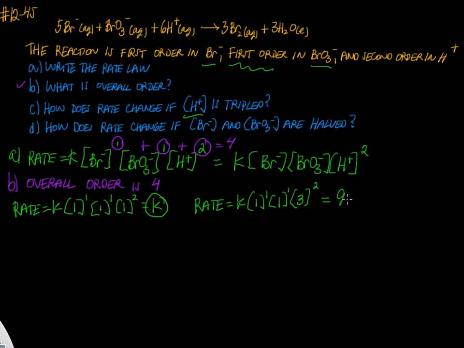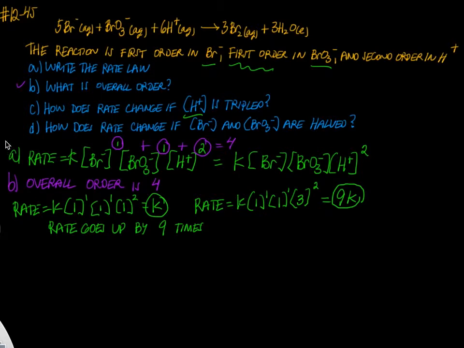So this comes out to 9 times the rate constant, okay? So the answer here is that the rate goes up, or increases, by 9 times. Okay, the reaction rate is going to be 9 times as fast.